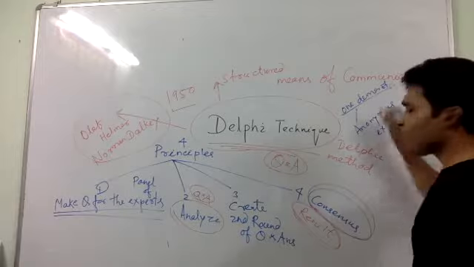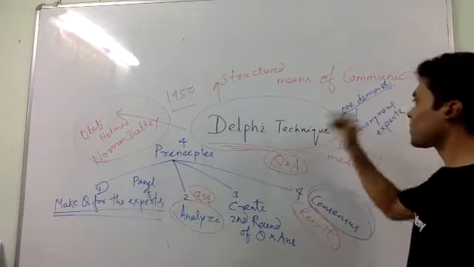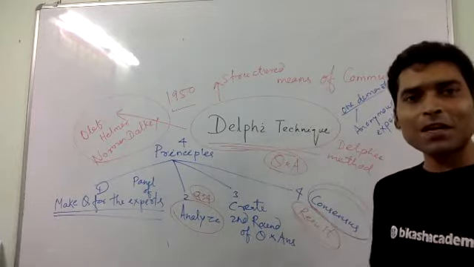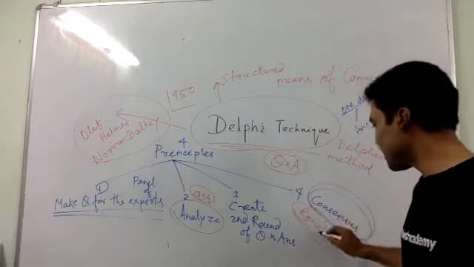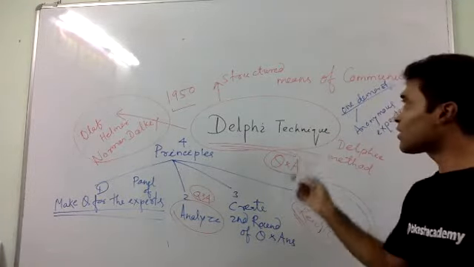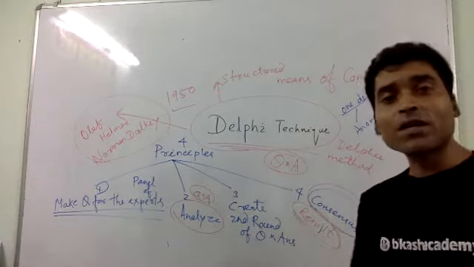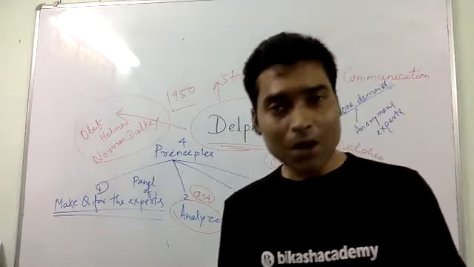That means from different fields, all these experts are coming and there is question and answer, and finally we accept the result and use it in a structured way of communication in an organization. These are the things you have to remember.